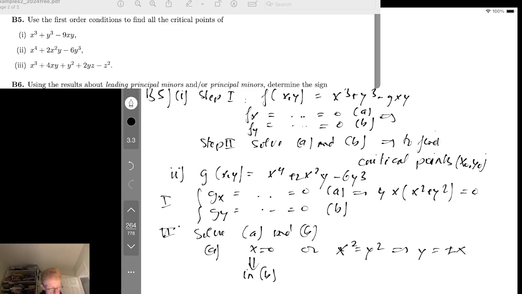You use this in B, and there are 3 critical points here.